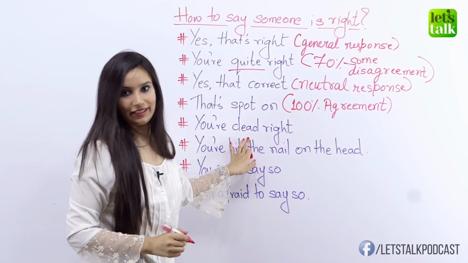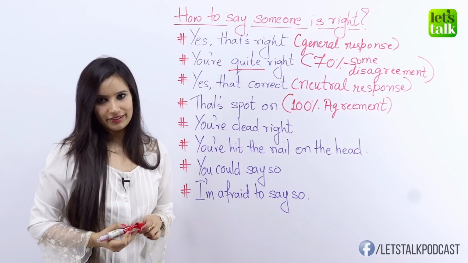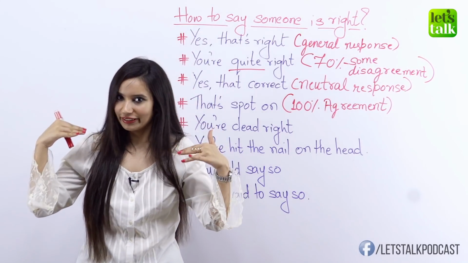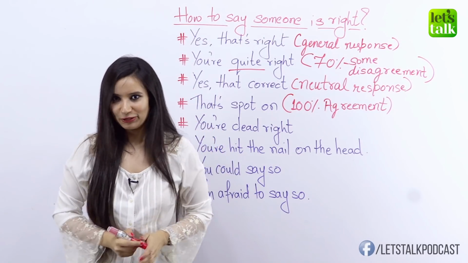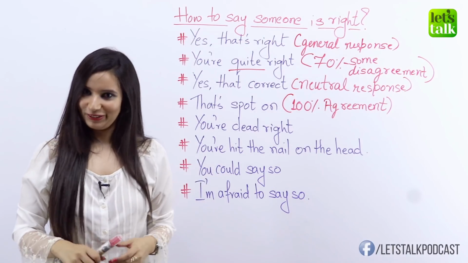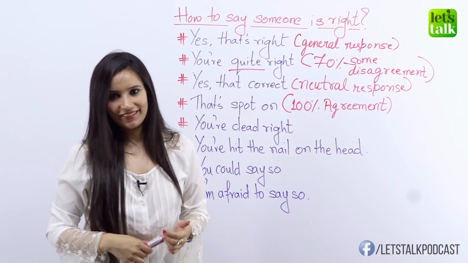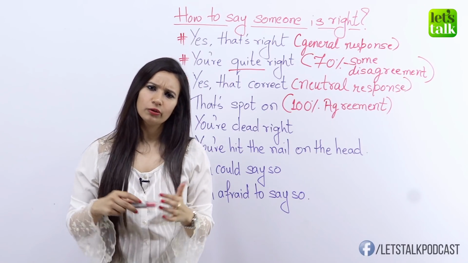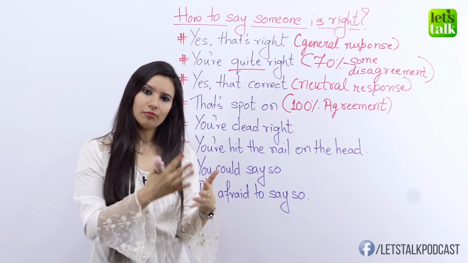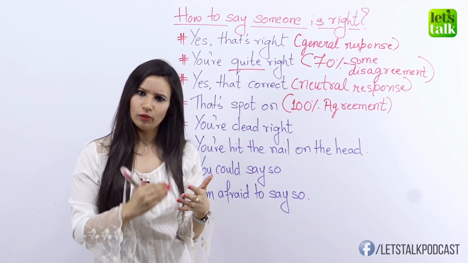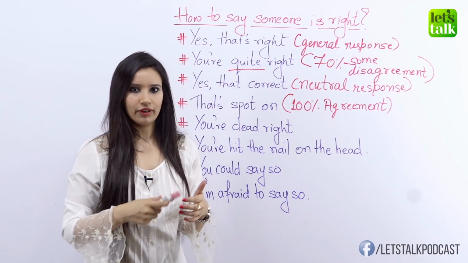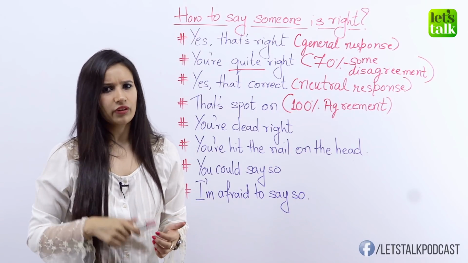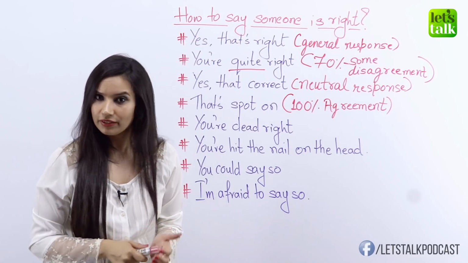Now we come to the next phrase. "You're dead right." Let's imagine. Please put your imagining caps on and continue to imagine with me all these interesting situations. You're in a meeting and you're having a discussion about why your company's market shares are going really low, and one of your colleagues suggests that the reason is because our products are not very competitive.